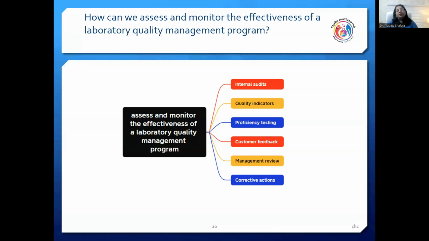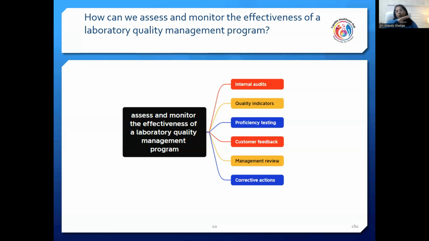Now, the next point, the quality indicators. When you start developing the key quality indicators, you should include the turnaround time, the error rates, the customer satisfaction, anything and everything related to the performance of the lab as your indicator.